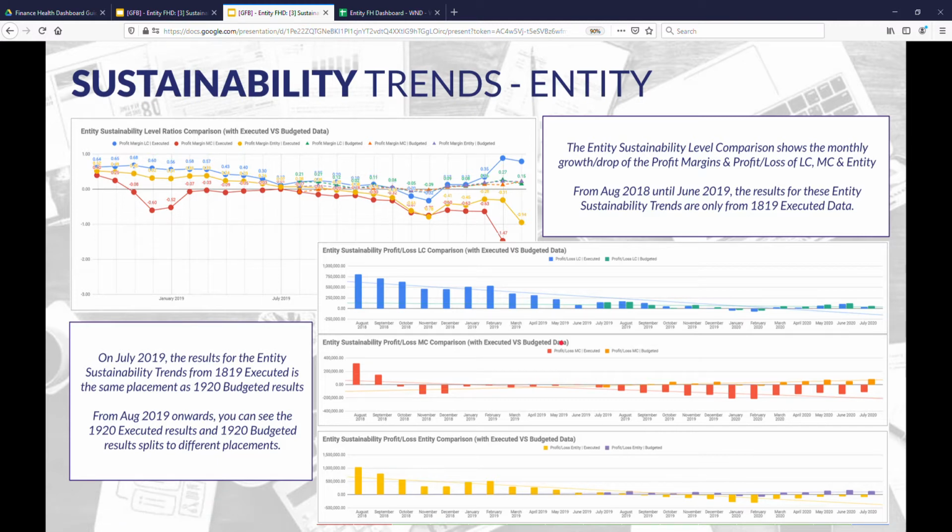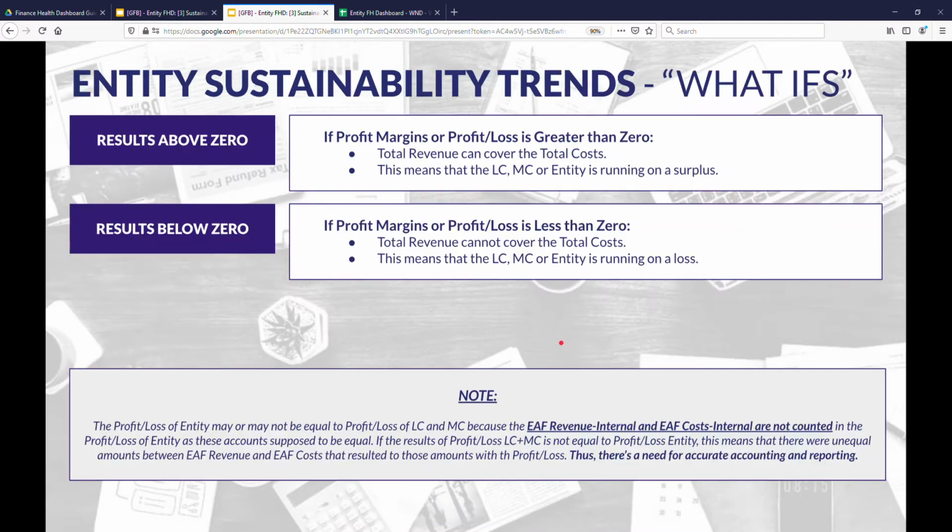Because this is not based on level 1 or level 2, this is split from LC, MC, and entity. Now the what if scenarios here is basically if the results of profit margins is above 0 or below 0, which basically means whether you are on a profit or not.